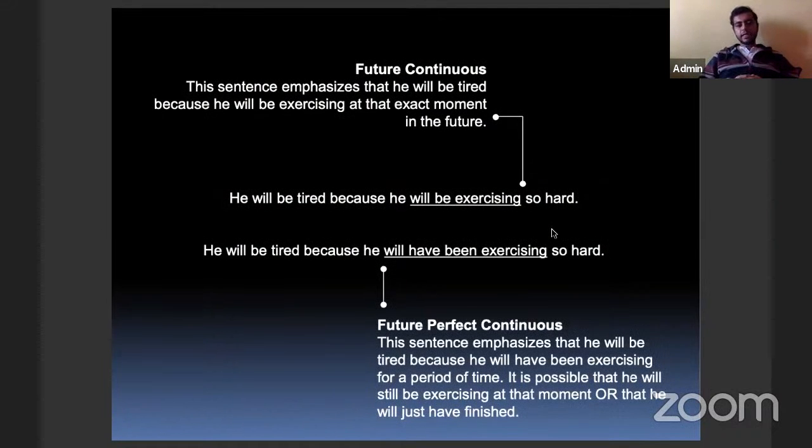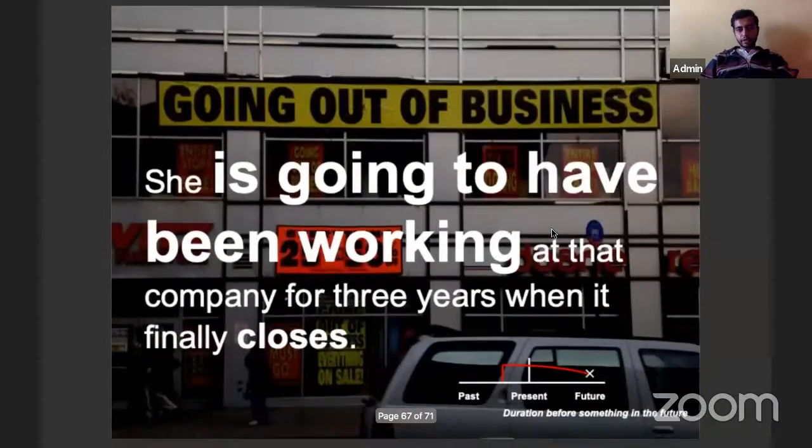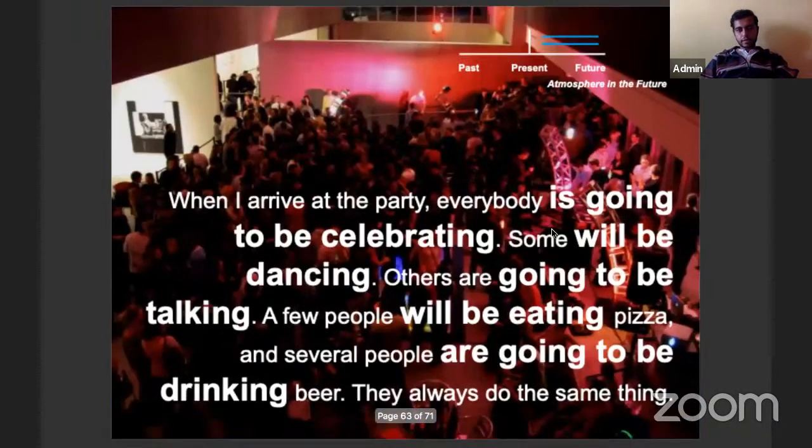Now, he will be tired because he will be exercising so hard. Future continuous. This, will be exercising, is future continuous. Coming back to future continuous, let's just look at it again.